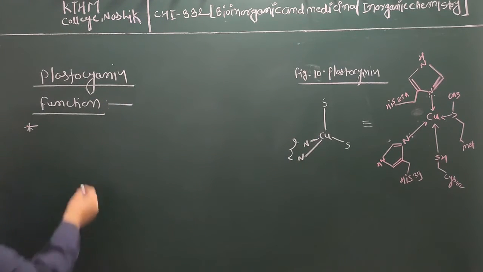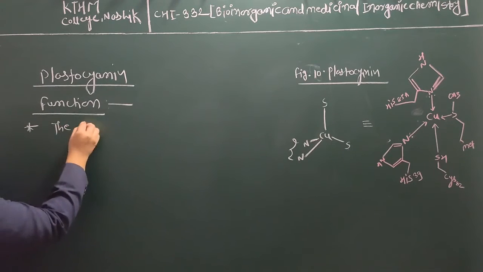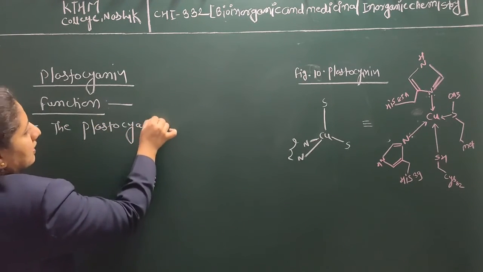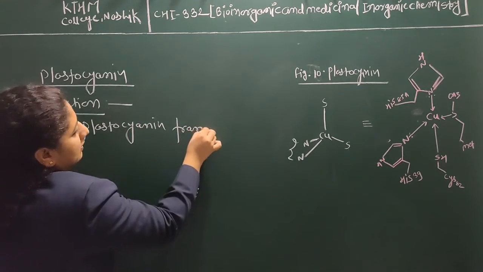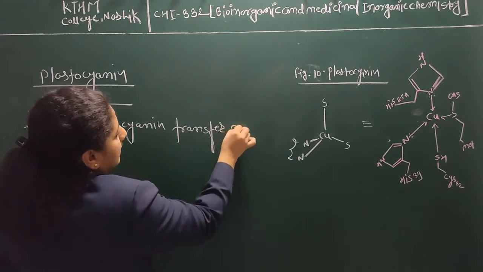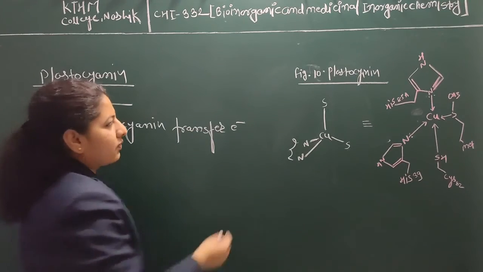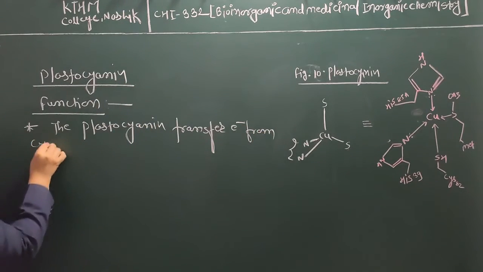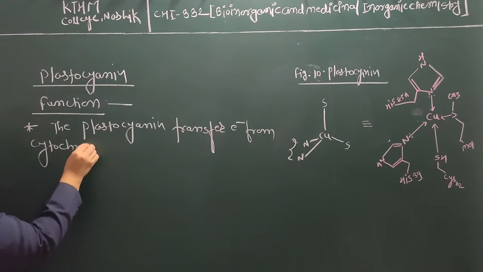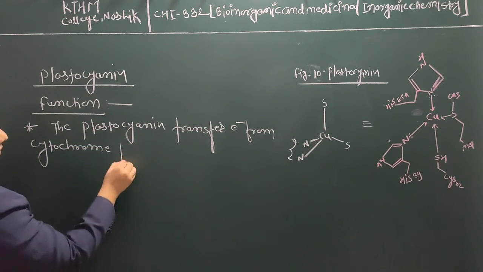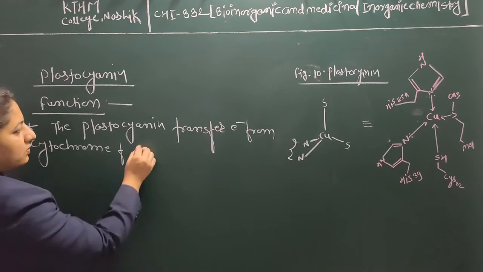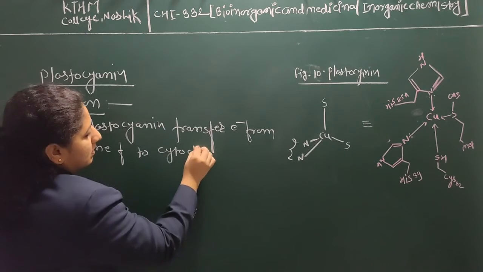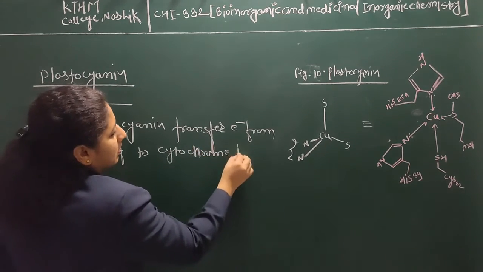As we know, plastocyanin transfers electrons from cytochrome F to cytochrome B6F.